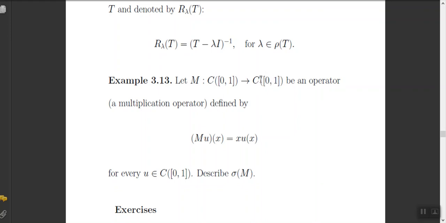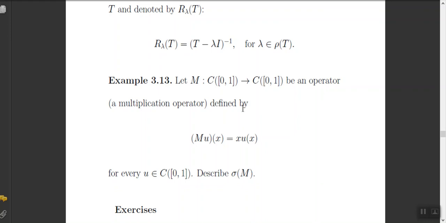Mu must be a function here. Mu at every x in this interval is defined to be x times u of x. So this is how we define Mu. And of course, Mu is definitely continuous, right? Because it's the product of two continuous functions, x and u of x.